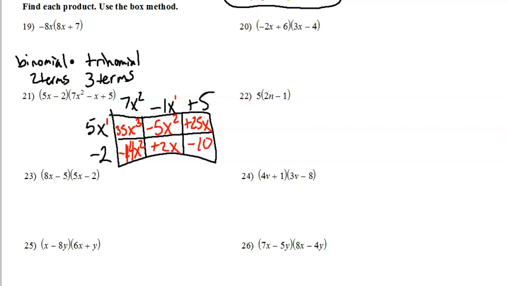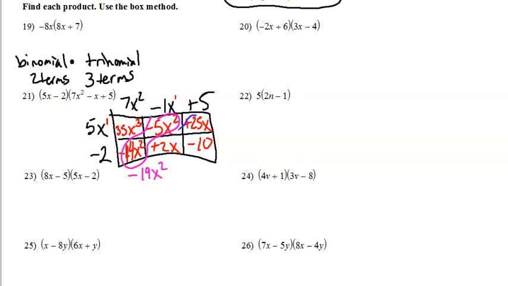Now from here, what we want to do is combine the like terms, which are these diagonals. We have minus 5x squared plus minus 14x squared. That would be a negative 19x squared.